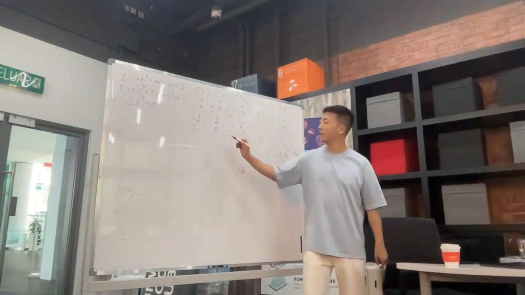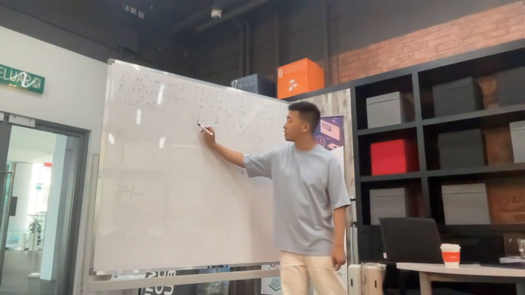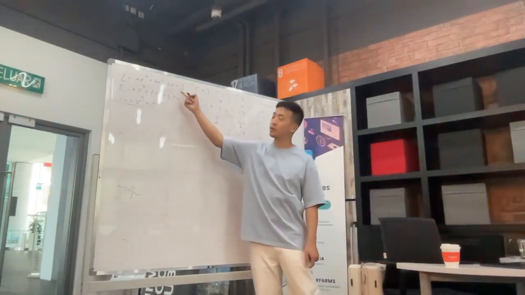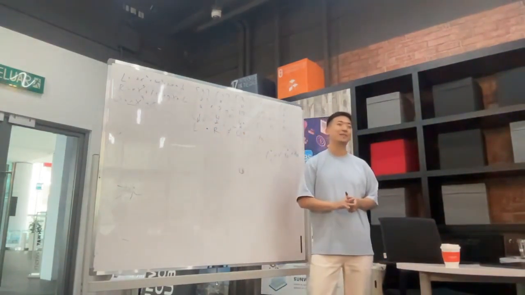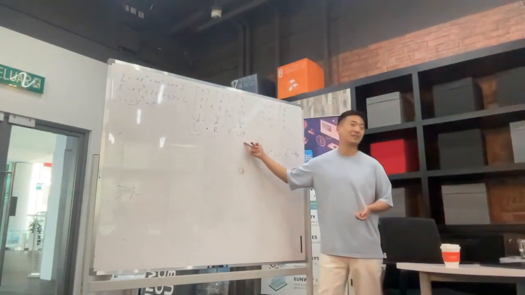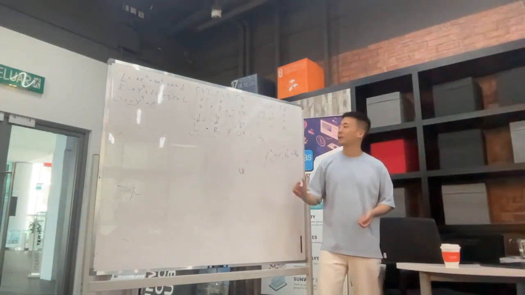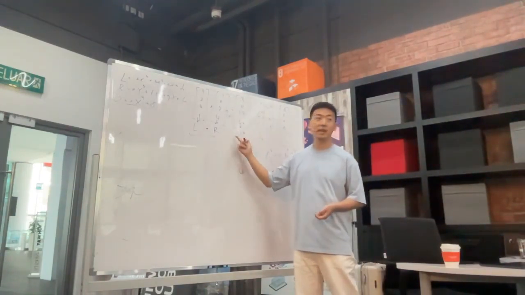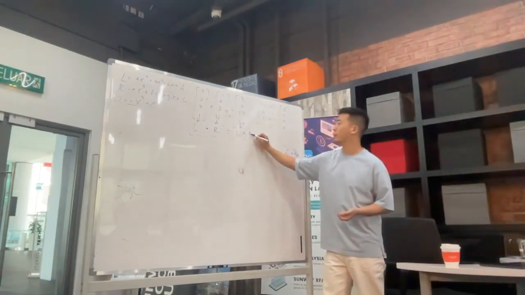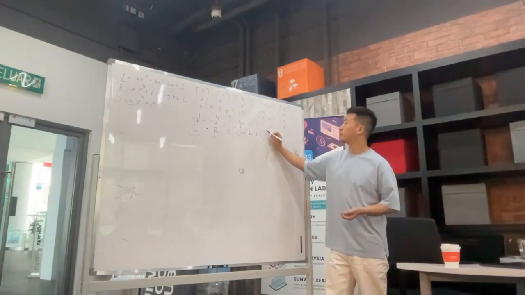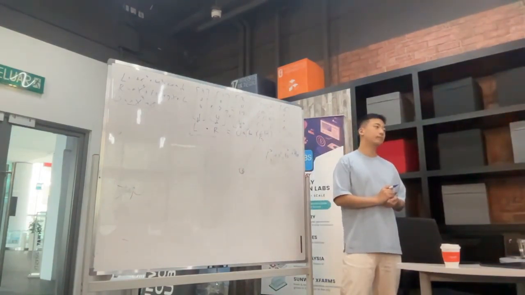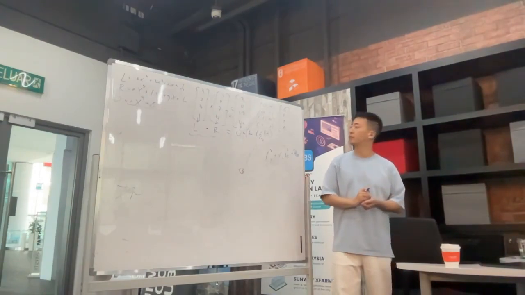But if we multiply these two polynomials, this is actually not O. As we can see, the degree is different. This is a degree of 6 and this is a degree of 3, so it's definitely different. But they will evaluate to the same value for the multiplicative subgroup.